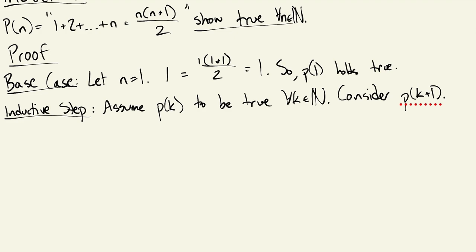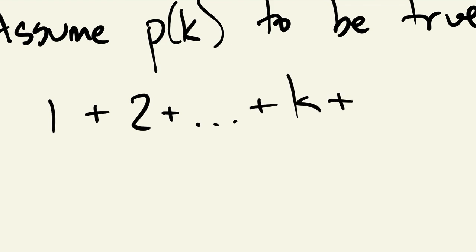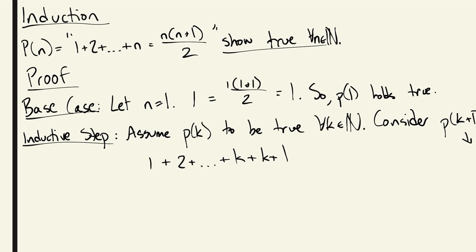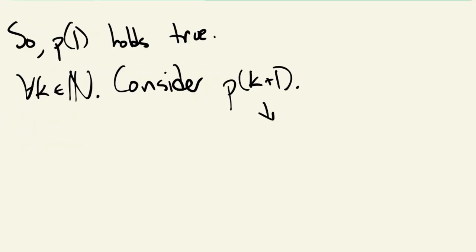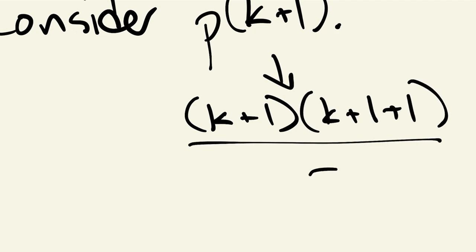So if we're considering P of k plus 1, then we're going to think of the sum of the first k plus 1 terms. So we have 1 plus 2 plus up to k, and then plus k plus 1. And before I move further with this, I should note that for P of k plus 1, we want to show that we can represent it in the previous form up here. So if we plug in k plus 1 as n, we get k plus 1 times k plus 1 plus 1 over 2.